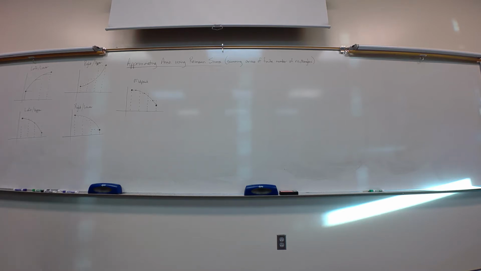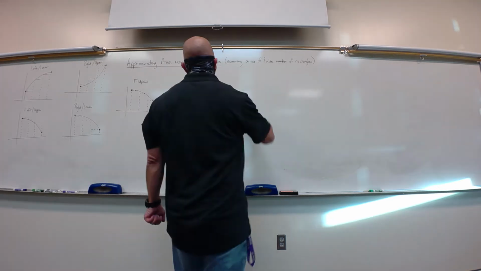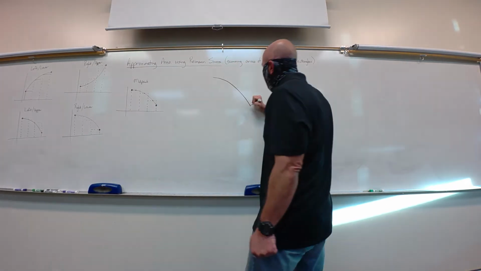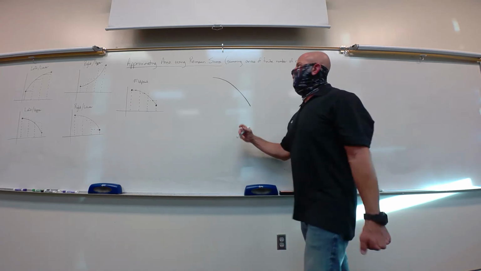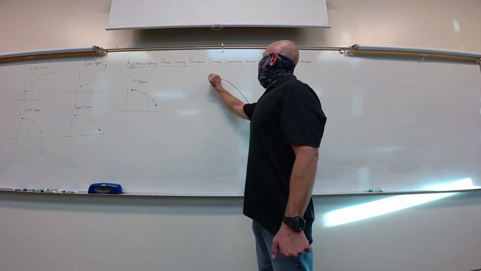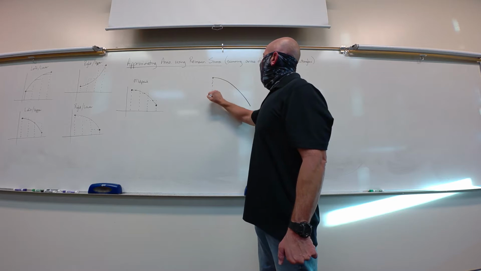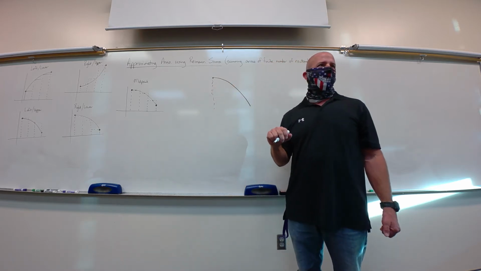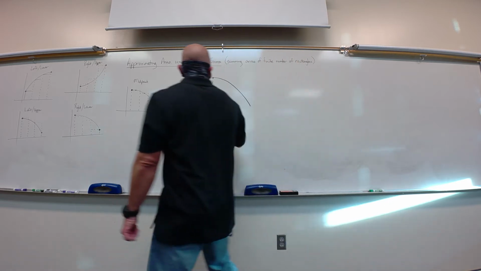So we're approximating with rectangles, and basically what we're saying is, if I want to have the best area possible, then these rectangles that I would draw up here, how close do they need to be to each other? How small do they need to be? Minuscule. Yeah, infinitely small, right?